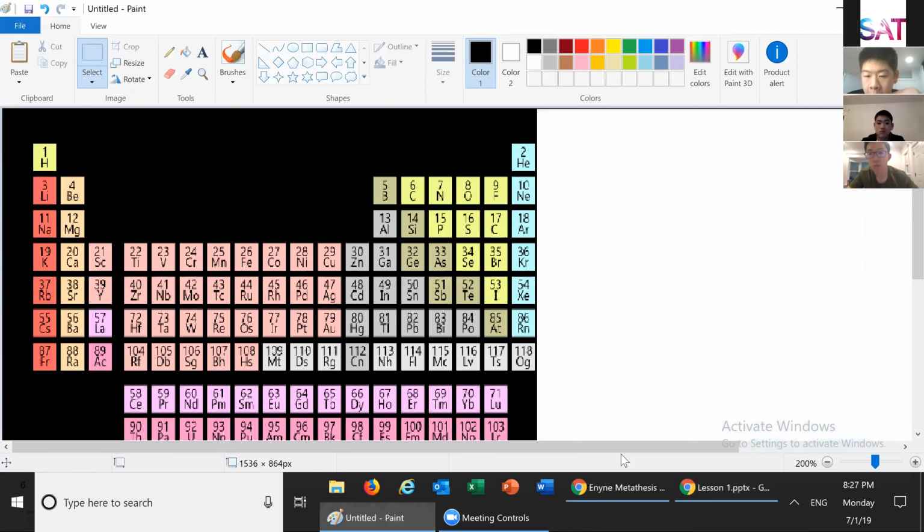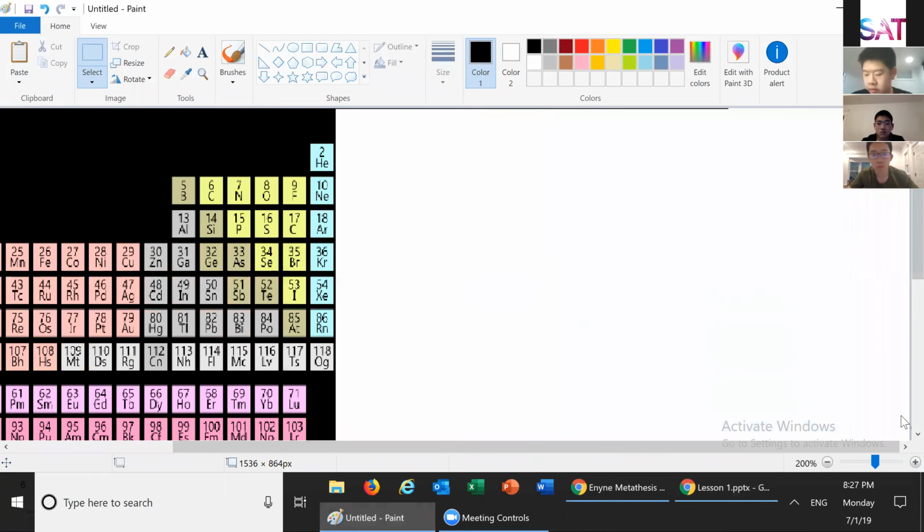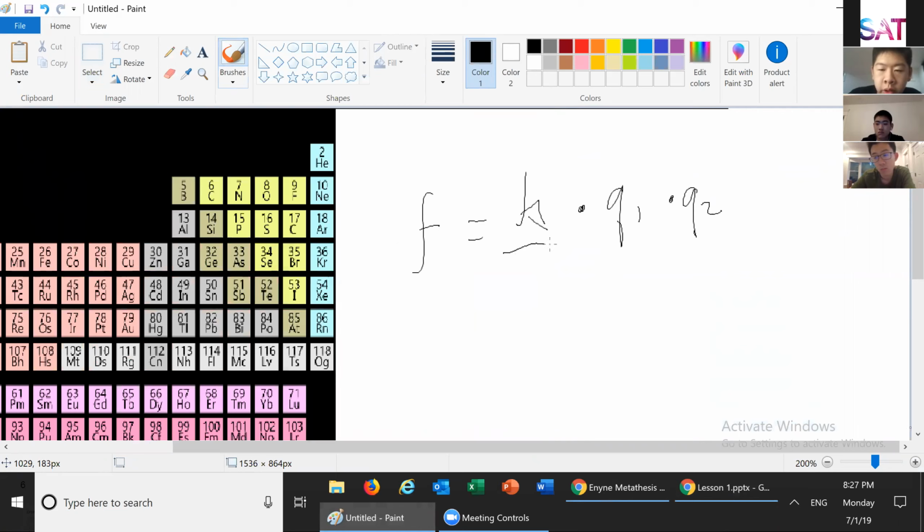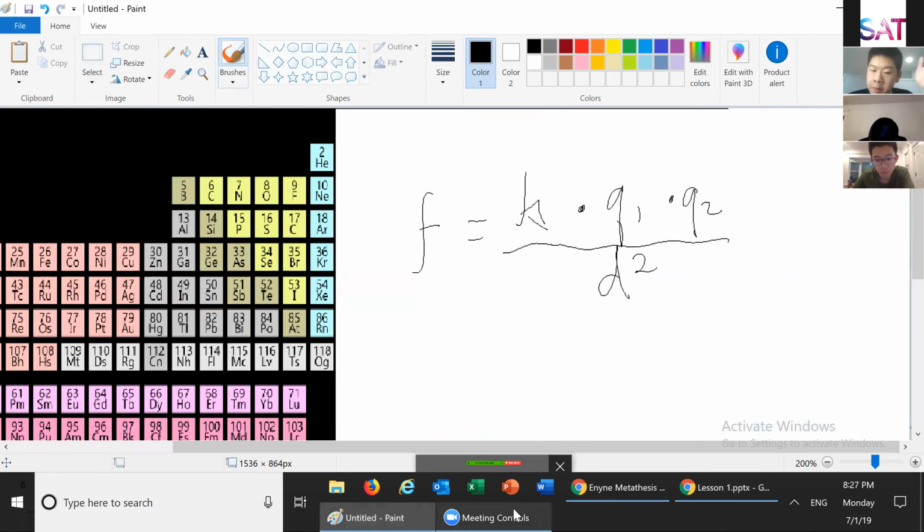So Coulomb's law is: force equals Coulomb's constant times charge 1 times charge 2 divided by the distance between them squared. Maybe in later lectures, it's important to know this law.